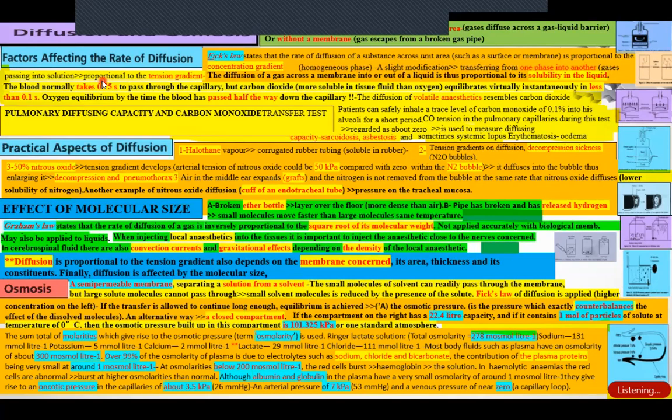So at that point, we call it proportional to the tension gradient. Tension means the gas in a solution. Of course, whenever the gas is more soluble in a solution, the tension gradient will increase and will increase the rate of flow.